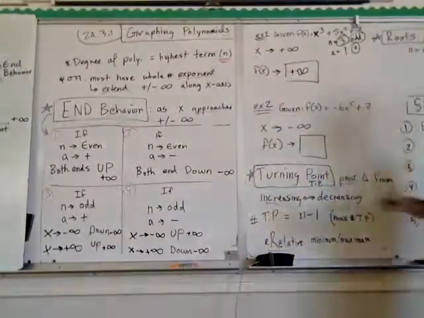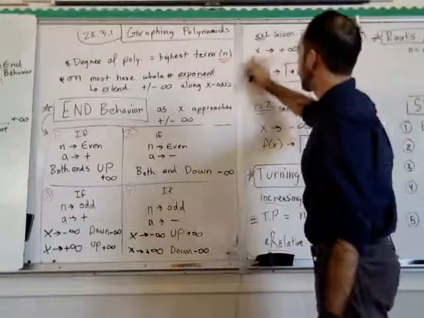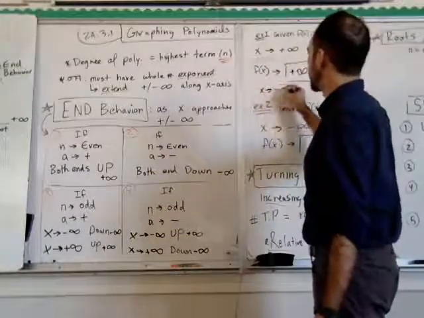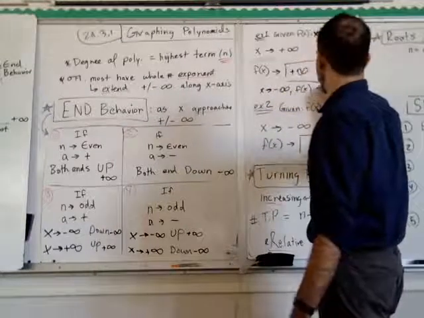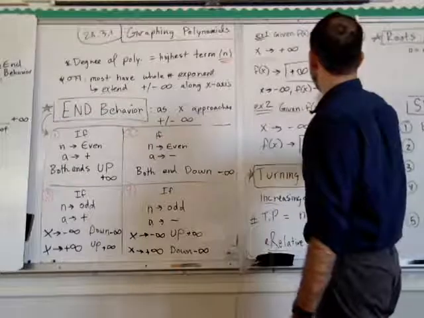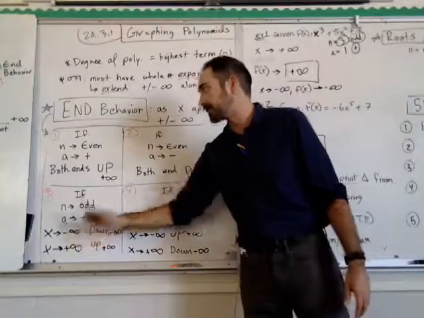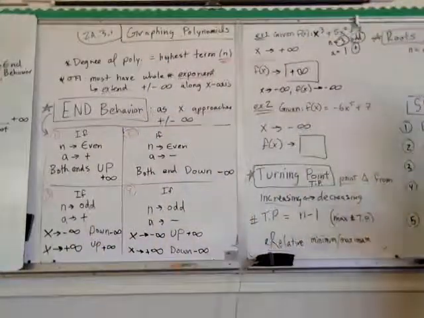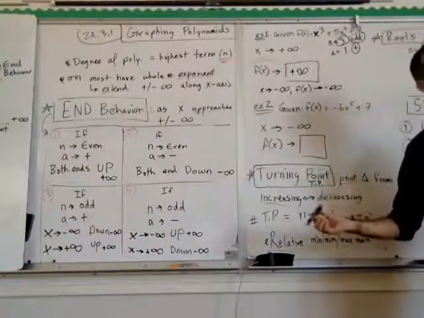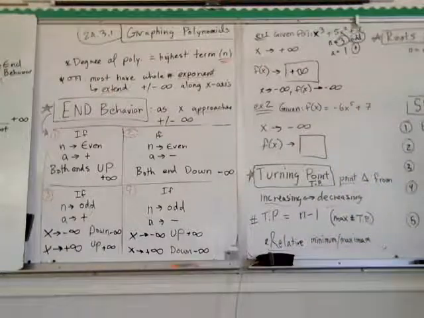As x approaches negative infinity, f of x approaches negative infinity. So you can see what happens as far as x goes, what happens with your y. This first one's the hardest one to grasp because it has 4 different options. But you find your n, you find your a, you can work it out from there.